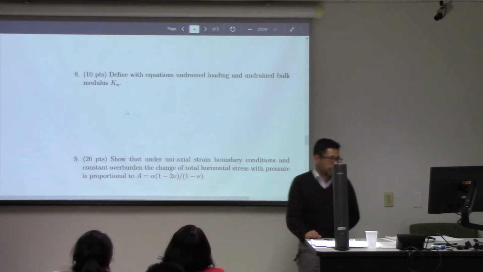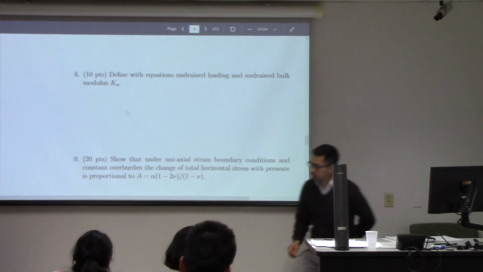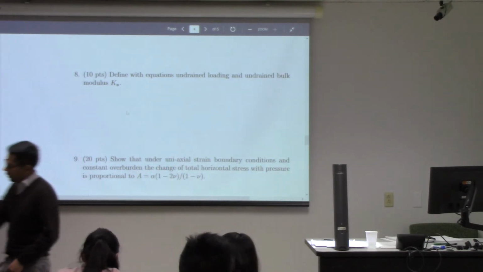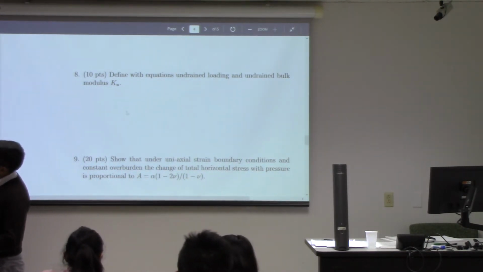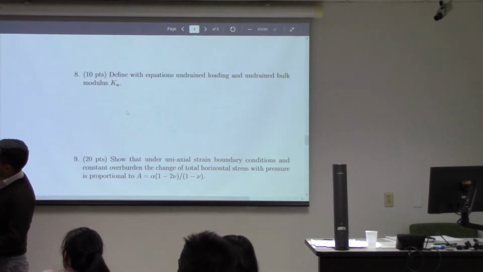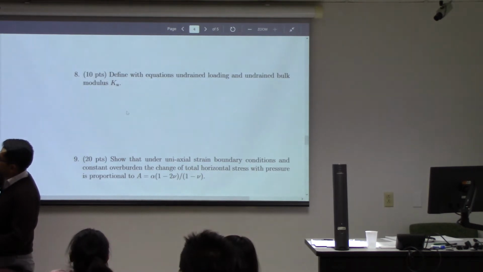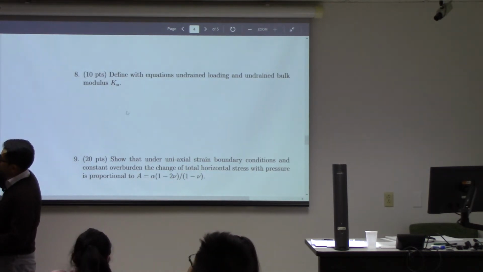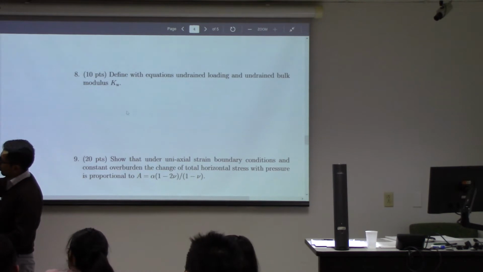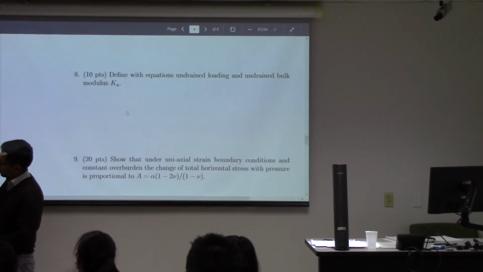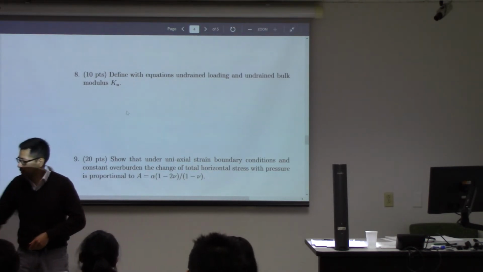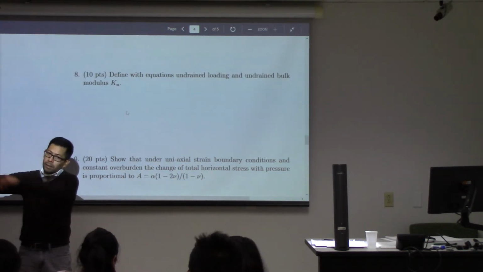Yeah, but if I were to write the equation for that, I would say Ku is the variation of mean stress over the variation of volumetric strain, and here you could say undrained, or you could be a little more specific and say no variation of amount of mass in the pore space. But just that is enough.